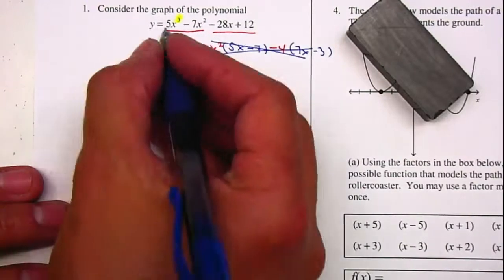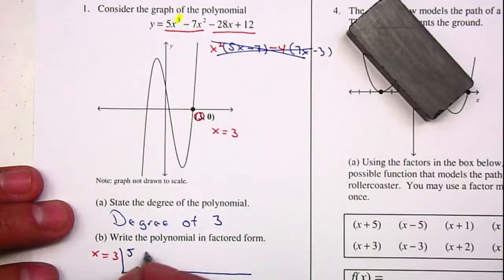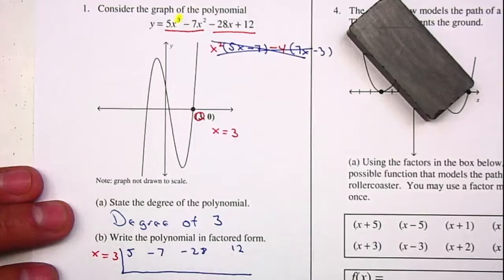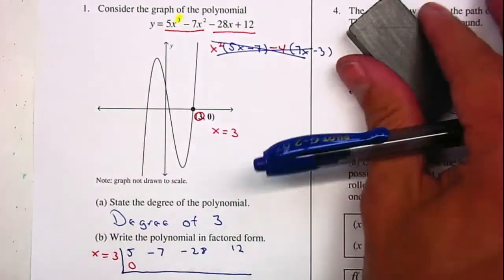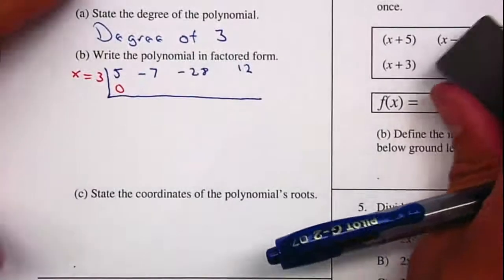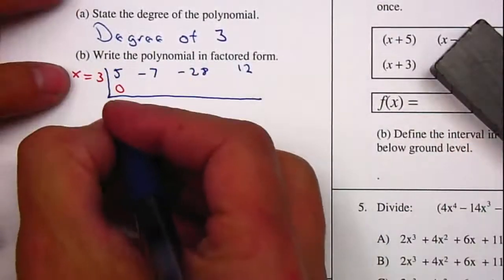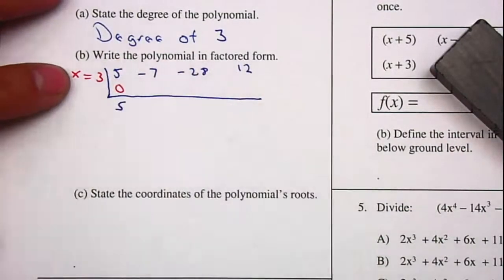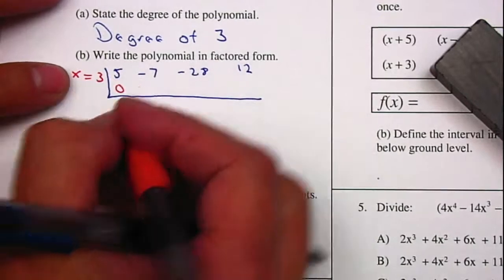So I'm just going to bring down my coefficients. We have a 5, and negative 7, and negative 28, and a positive 12. I'm going to place a 0 here. Then, remember that we always start with a 0. We add. Then we multiply. 3 times 5 is 15.